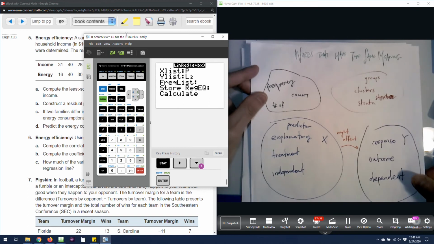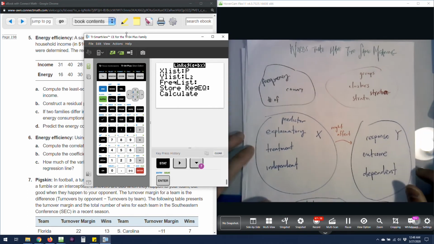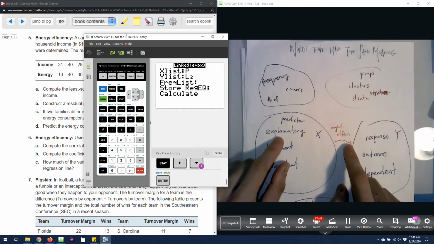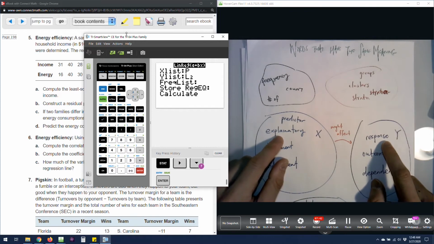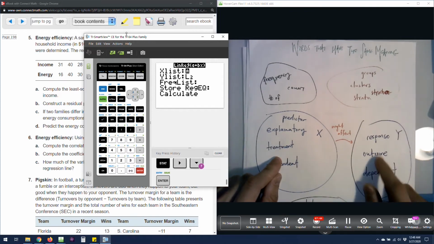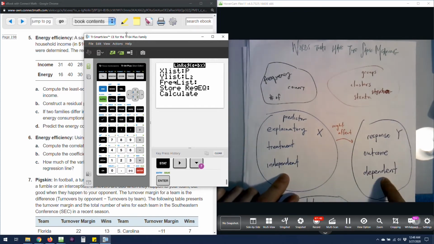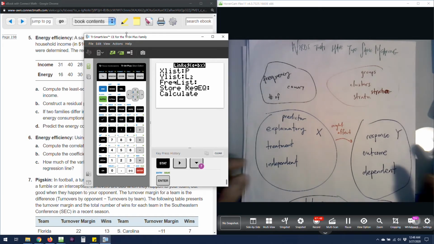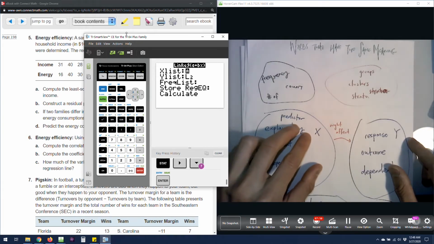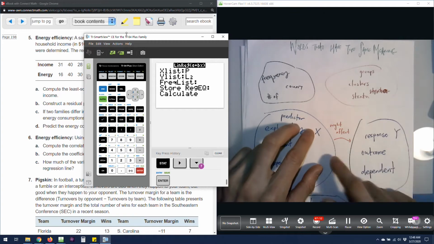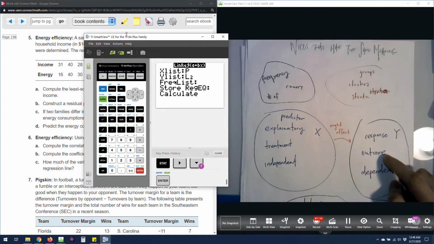Remember, the explanatory variable might affect the response variable, the treatment affects the outcome, the independent affects the dependent. And now we added some extra ones: the predictor, or the X variable, might affect the Y, the response, the outcome, the dependent.